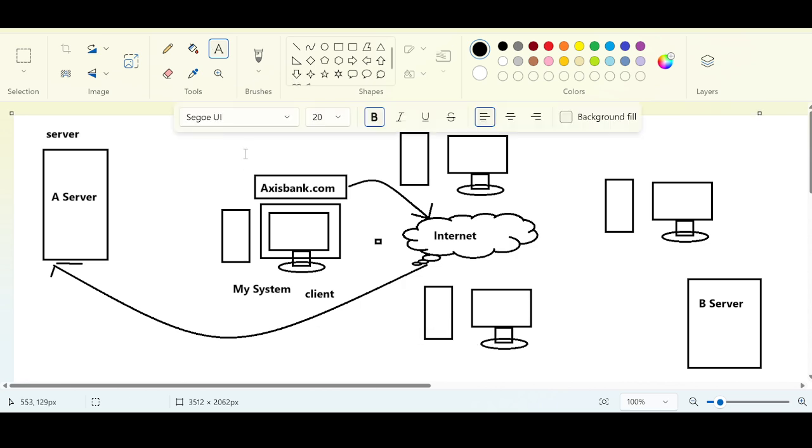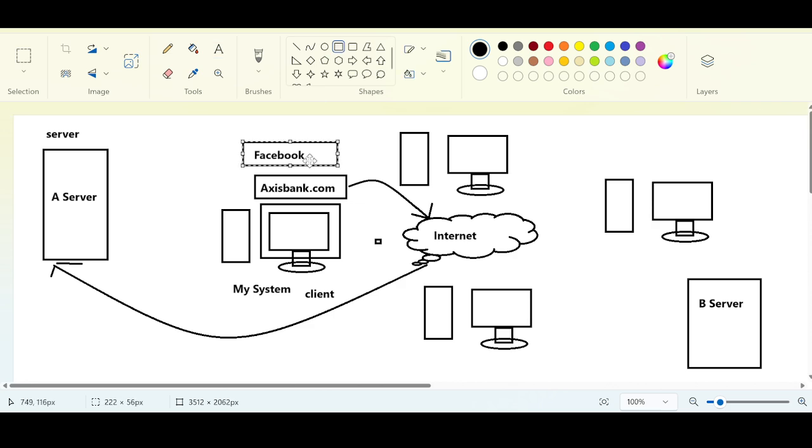It is not only Axis Bank. Even the Facebook application is not a standalone application, yes or no? When you launch Facebook, it is not limited to your computer. The database, the storage, the stories, the updates, everything has to come from the server. You need the internet connection. Can you operate Facebook without any internet connection?